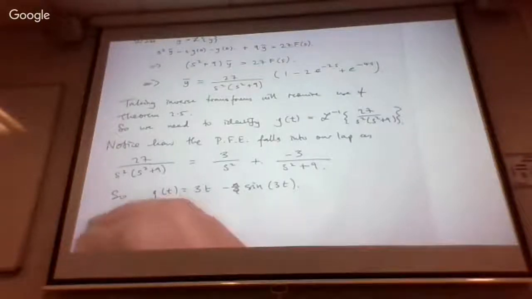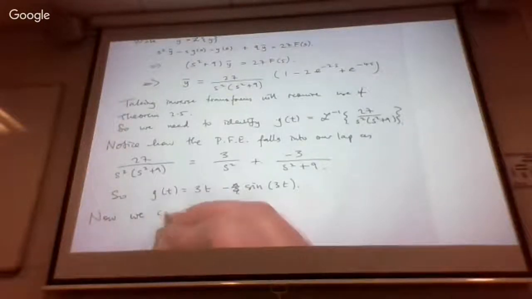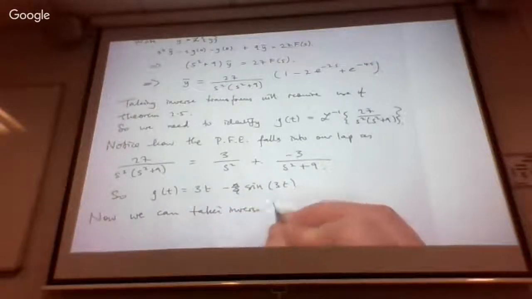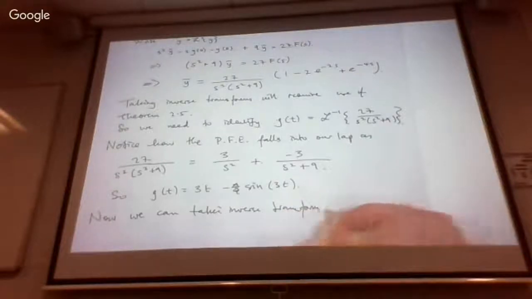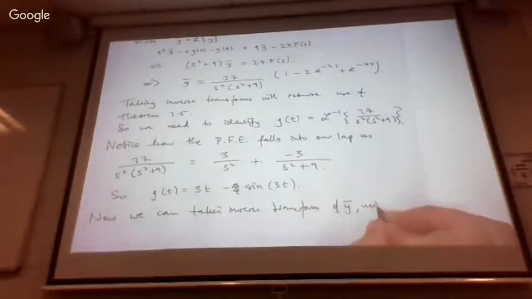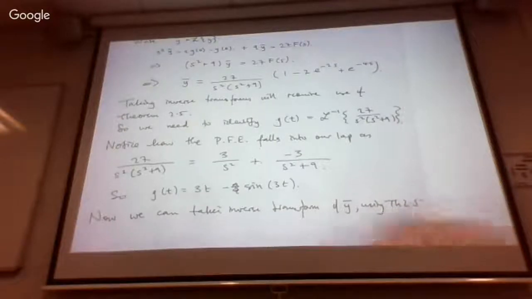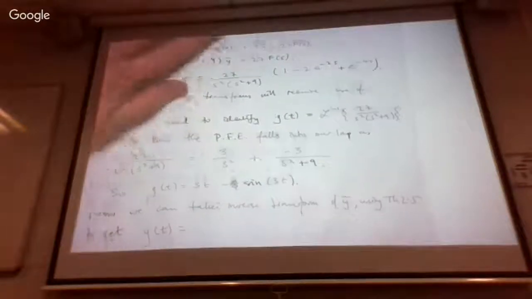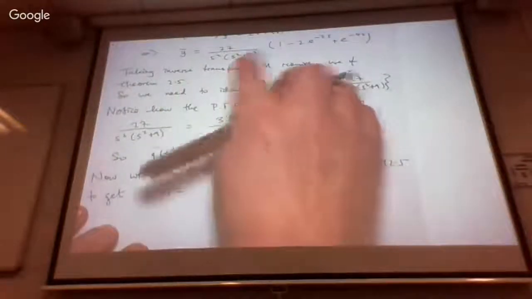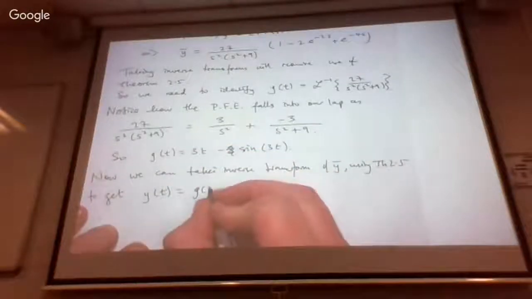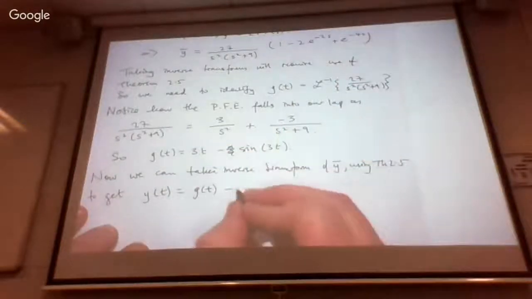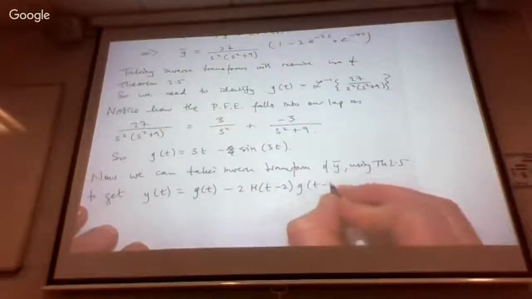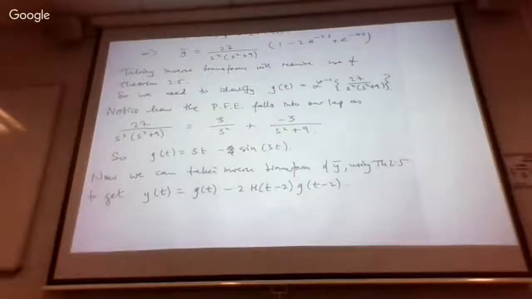So now we can take the inverse transform of y bar using theorem 2.5 to get y of t, our solution that we need. Well, the first bit of it is just this g of t. The next bit is minus 2 times the Heaviside step function h of t minus 2 times g evaluated at t minus 2.